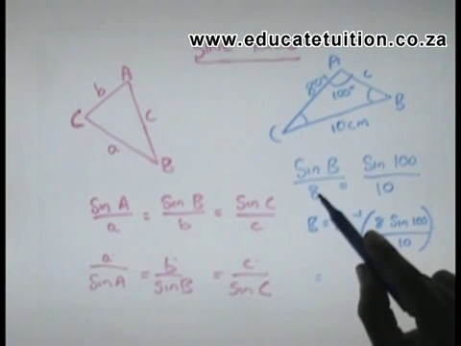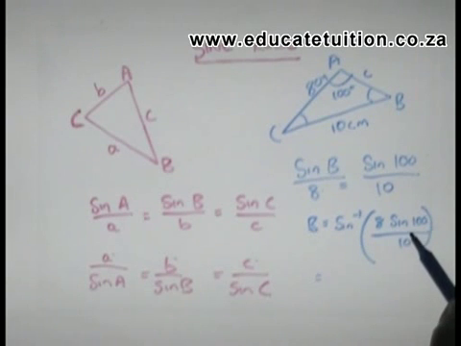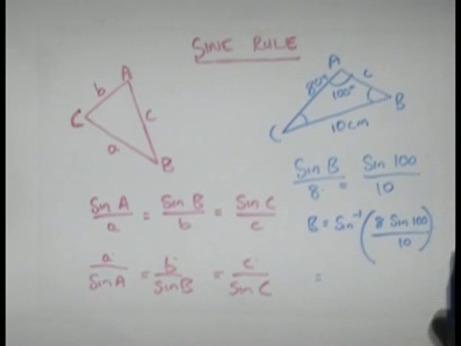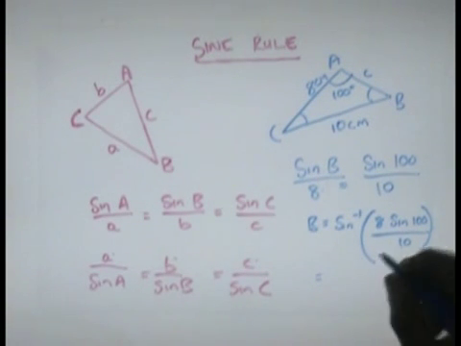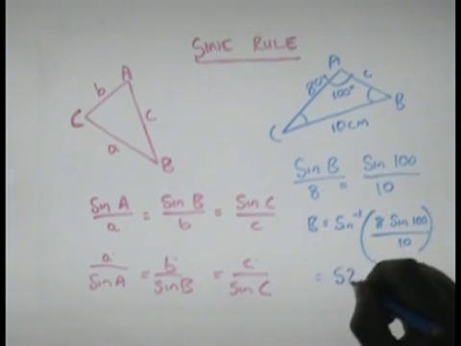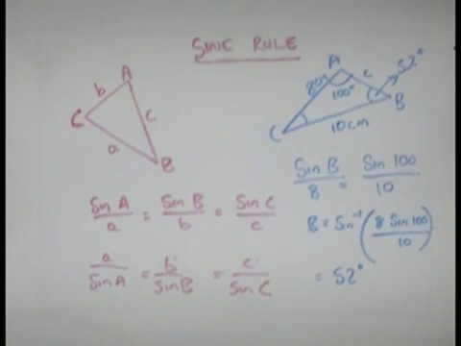I've got rid of the 8 as a denominator on my left hand side by multiplying it by my numerator on the right hand side. I then want B on its own, so I'll use the second function, sine inverse. If I do that on a calculator, it's going to give me an answer of 51.98, so I'm going to round that off to be 52 degrees. So angle B is 52 degrees.